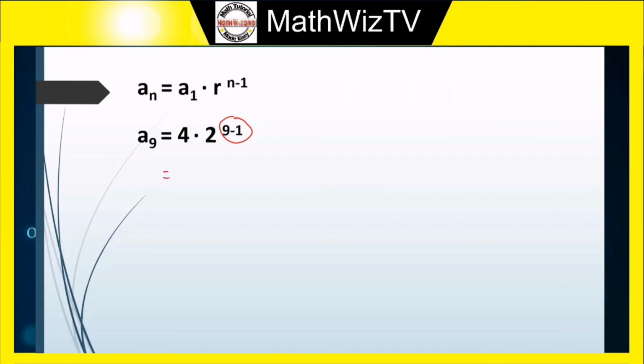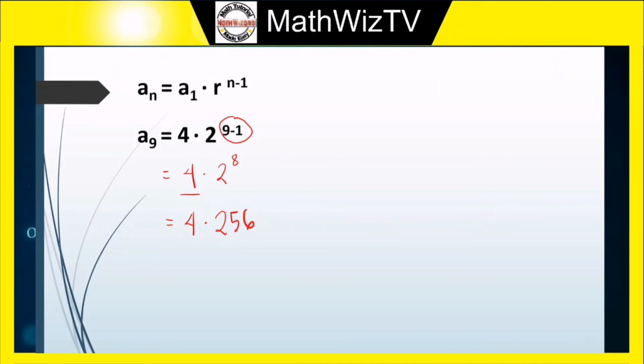So, therefore, 4 multiplied by 2 raised to the 8th power. And then again, after that, we need to start with, is it multiplication or the exponent? So we need to start at the exponent. So therefore, we copy 4 and then solve for 2 to the 8th power, which is 256.